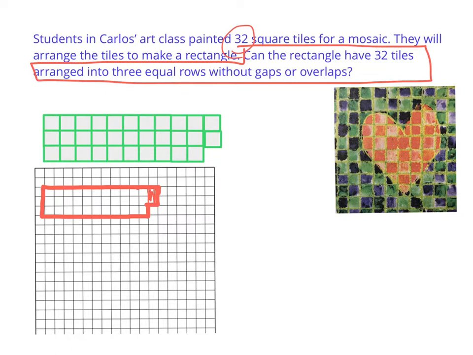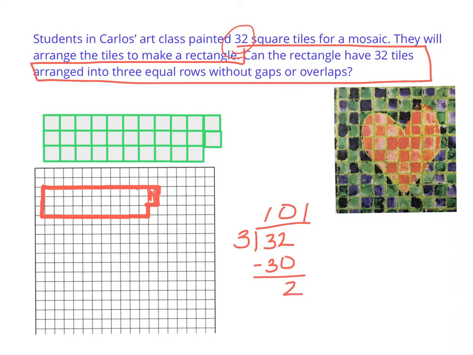Okay, so dividing 32 by 3 would look like this. So we have 32, and we do want to divide it by 3. So we know that 10 times 3 is 30, and we have 2 left over.